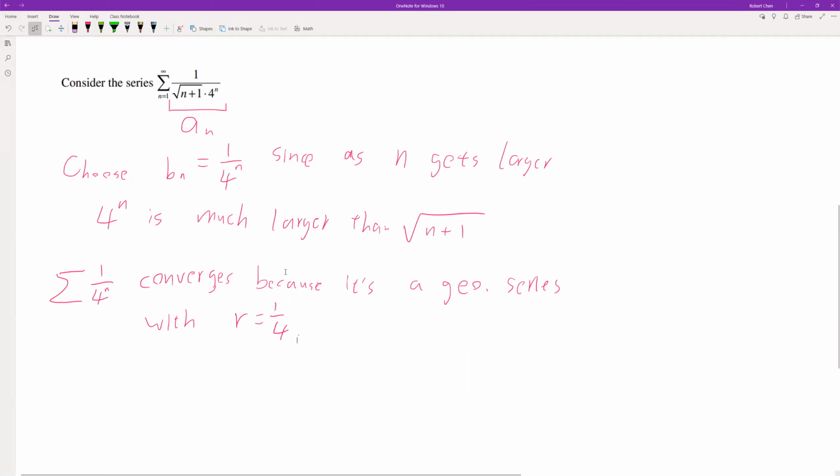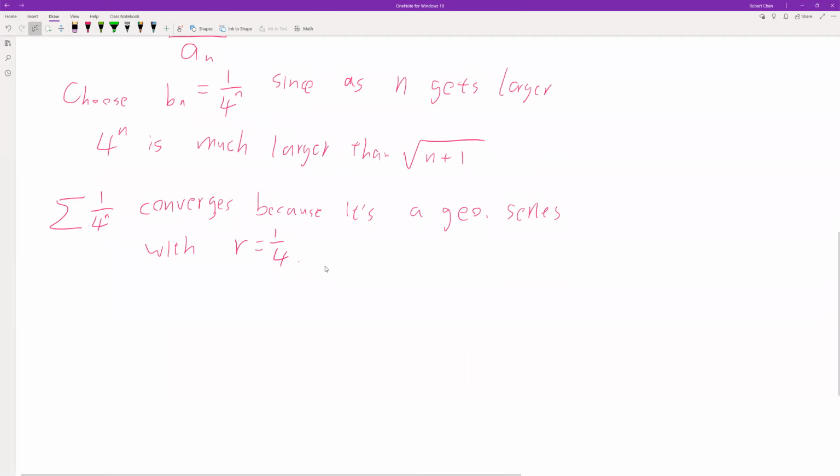Therefore, we know that the original AN is less than 1 over 4 to the n for n greater than 1, because we're taking away the square root of n plus 1. So we have less things in the denominator. That means the value is greater.